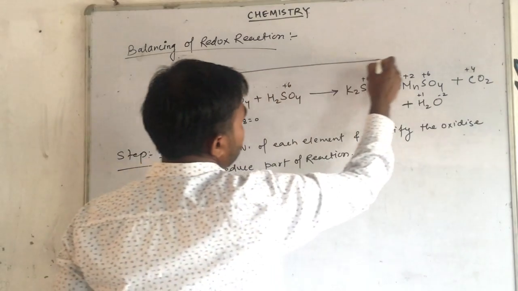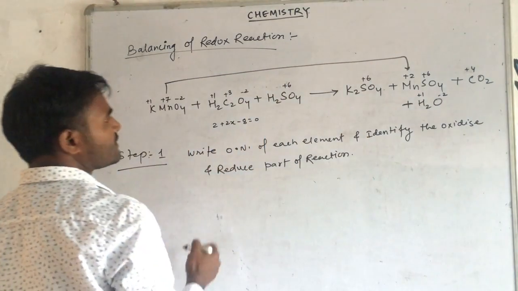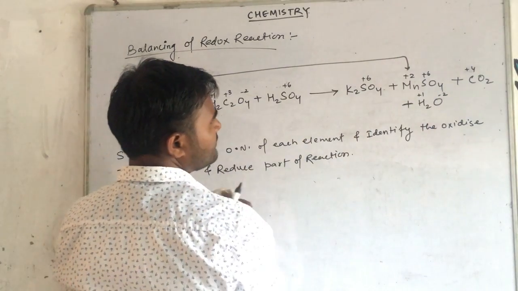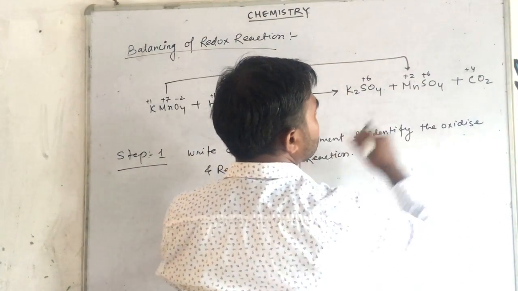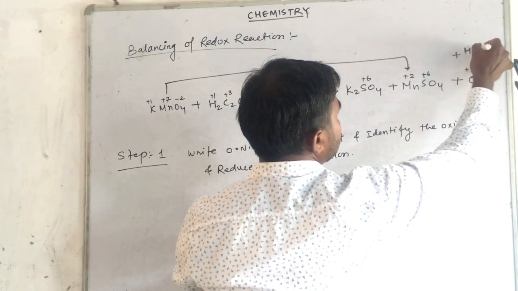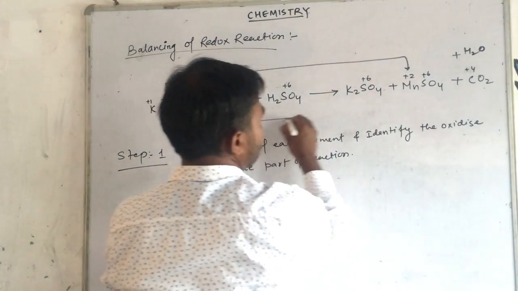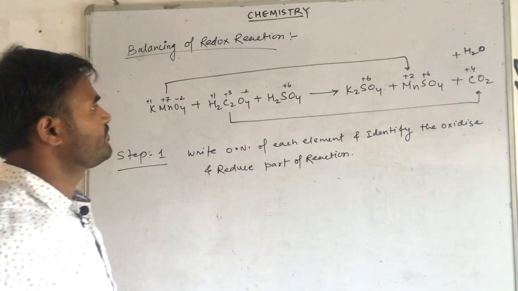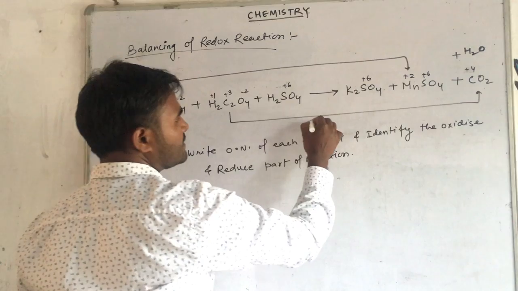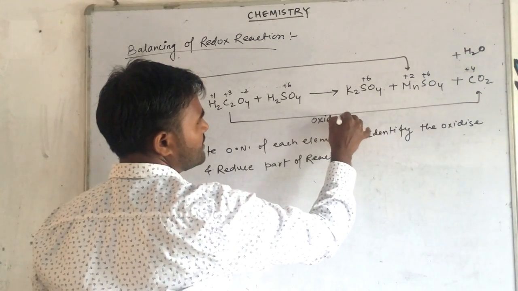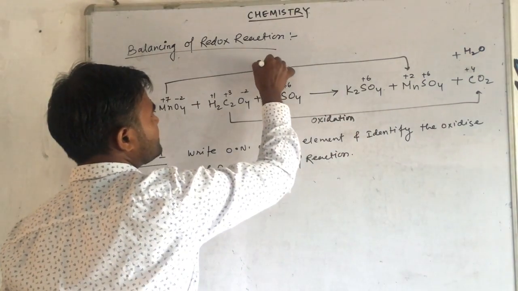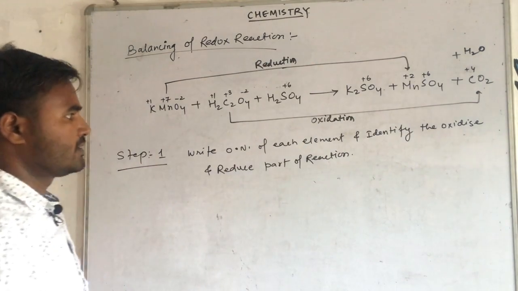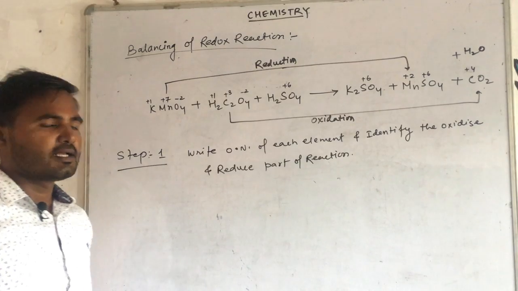Manganese is going from +7 to +2, and carbon is going from +3 to +4. That means this part is oxidized and this part is reduced. So this is the first step.